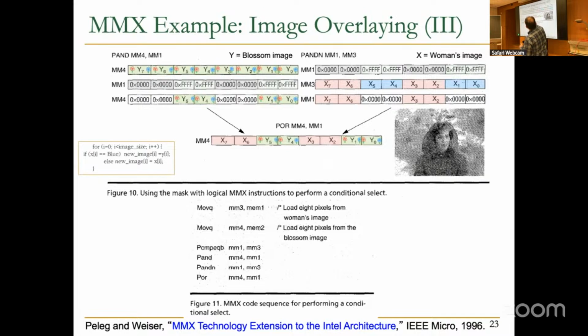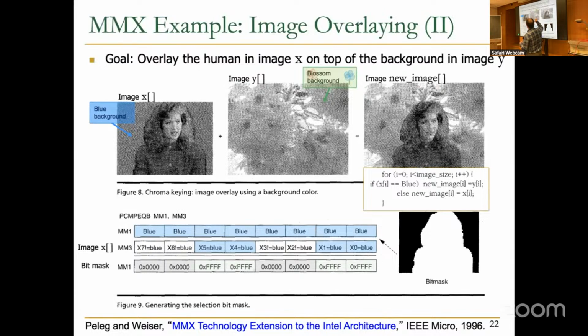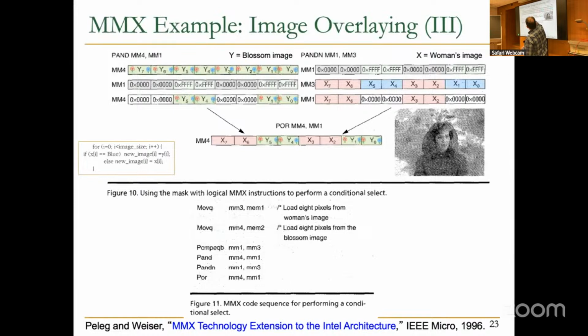So in MM4, you have this background image, right? Imagine that you have that new background in MM4. And in MM1, you have the mask, and you do a packed AND operation across these two.